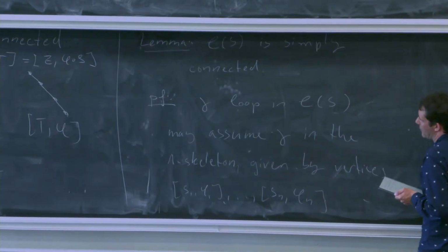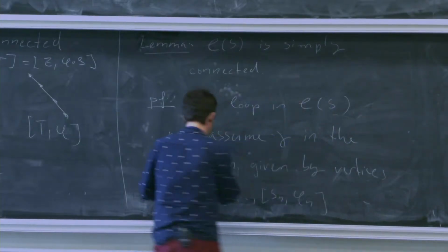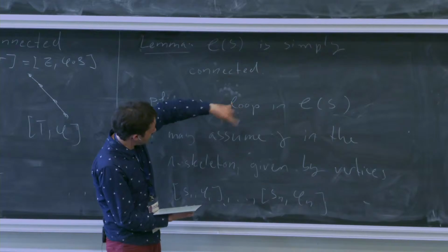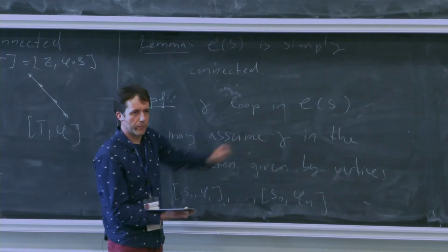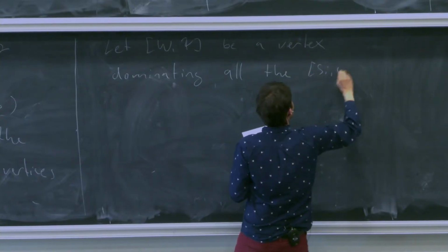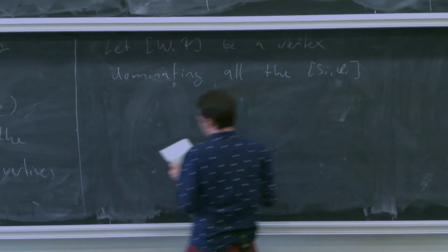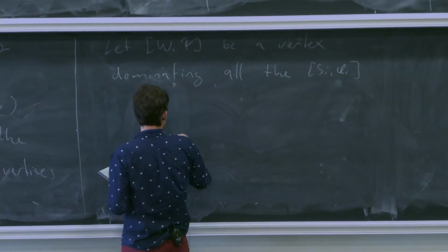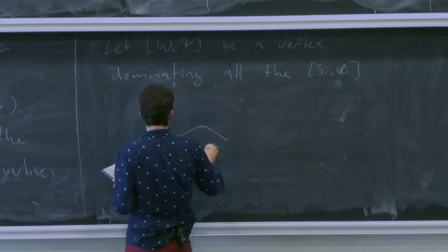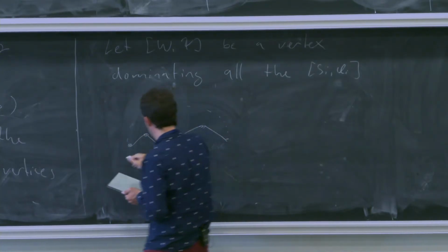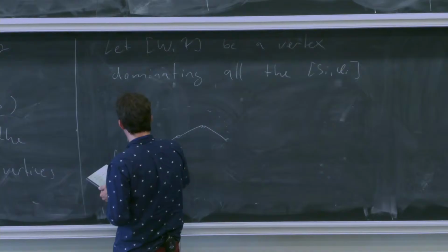Now again, just applying Zariski for multiple things, we find one vertex that dominates all of them. So basically, here we have our loop, and here we have all our Si, phi i.